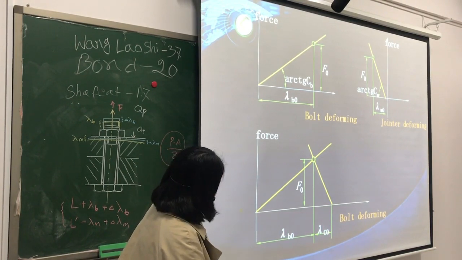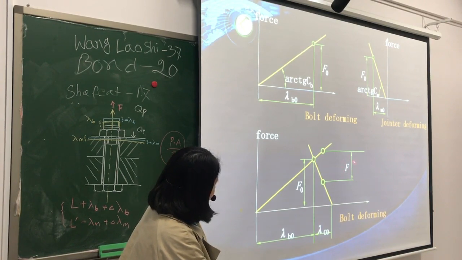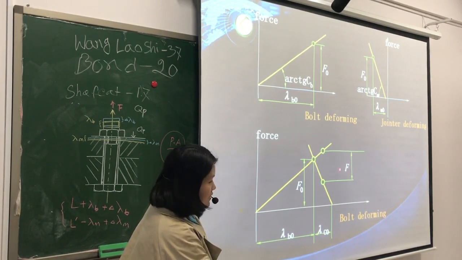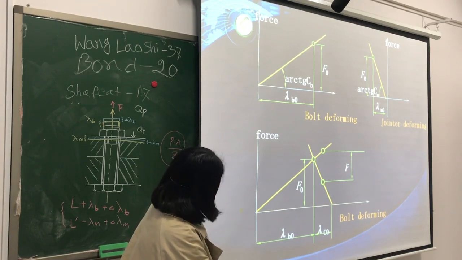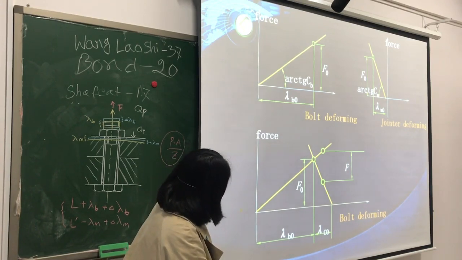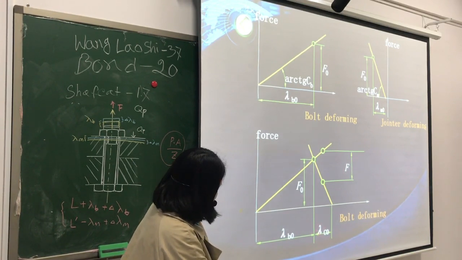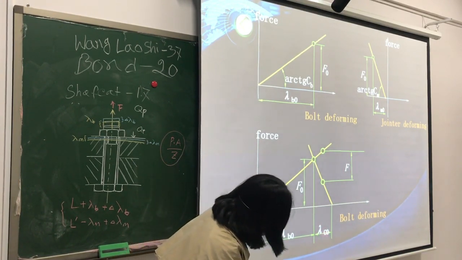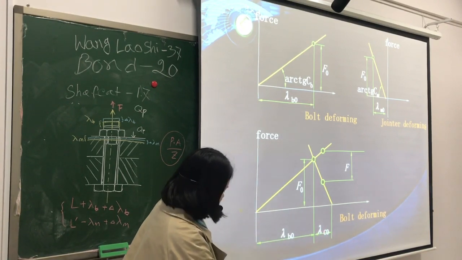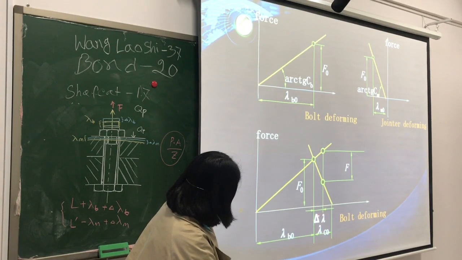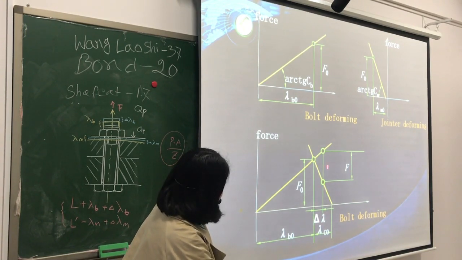Then we add an axial force F. Under this F, the elongation of the bolt is delta lambda there, and this is the force of the bolt.